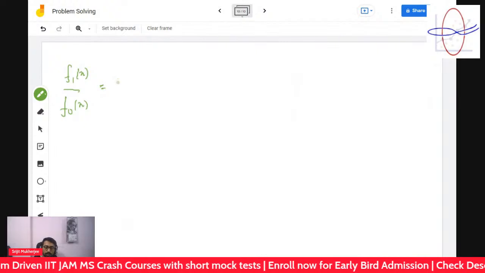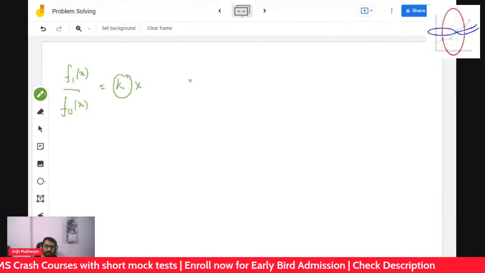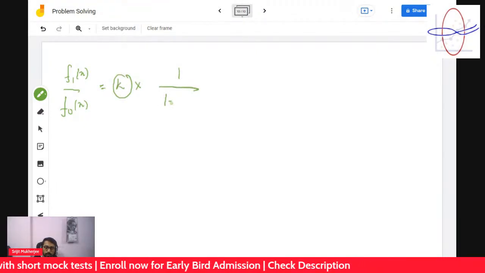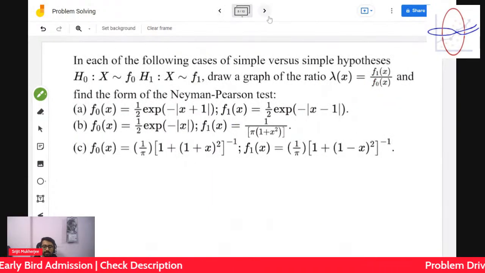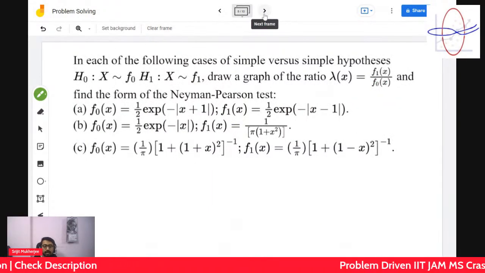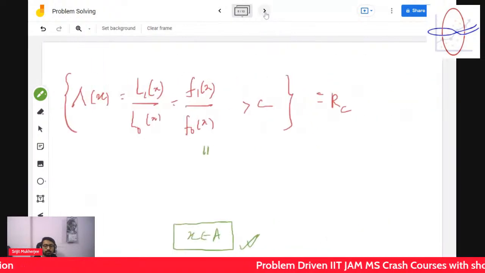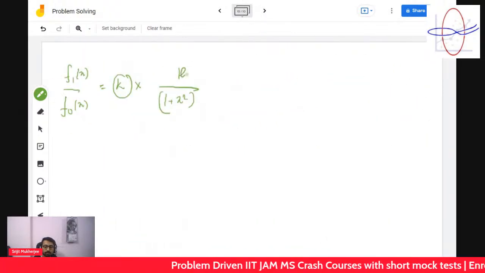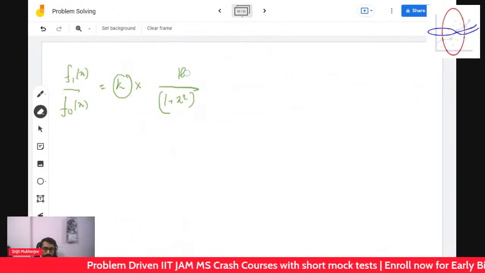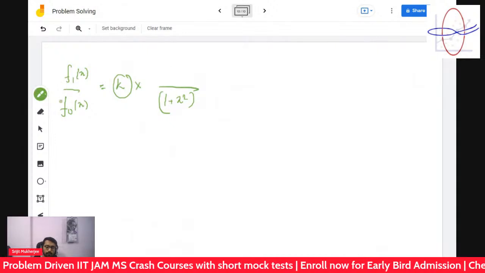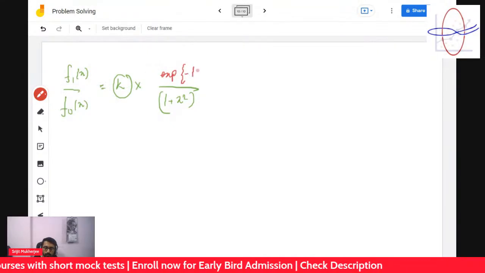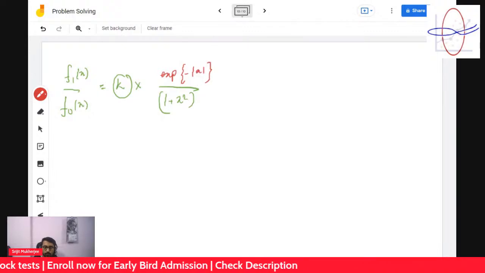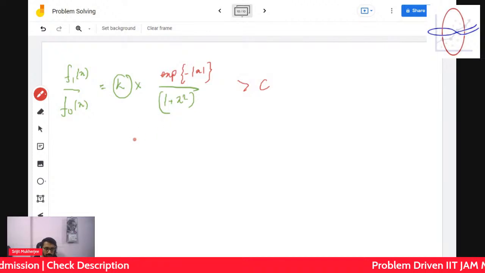You always do it with some constant here. So it's 1 by 1 plus x square mostly. That constant is taken out and it's half exponential minus mod x. Okay. So this must be greater than some c. So what is this?